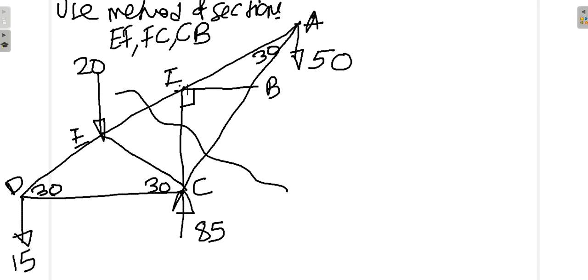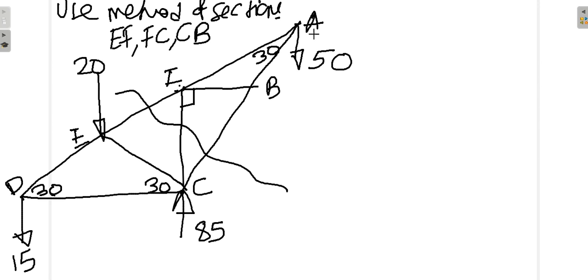So if we take moments about point F, the moment of force EF about F will be 0, the moment of force FC about F will be 0, and the only force that will be left will be BC. So if we take moments of the force BC about point F, our job will be done. That is the easiest way. So if we take moments about point F, we will be able to get the force BC.